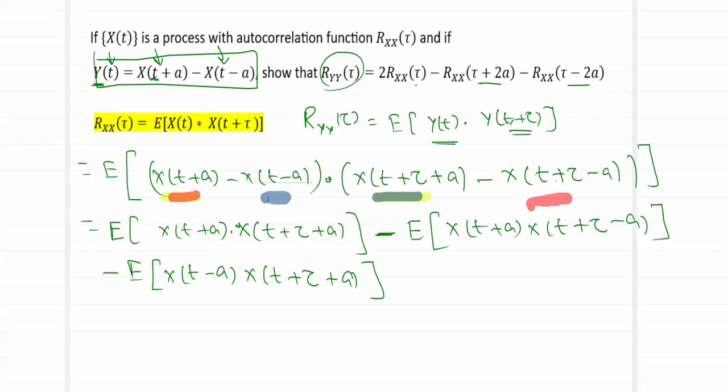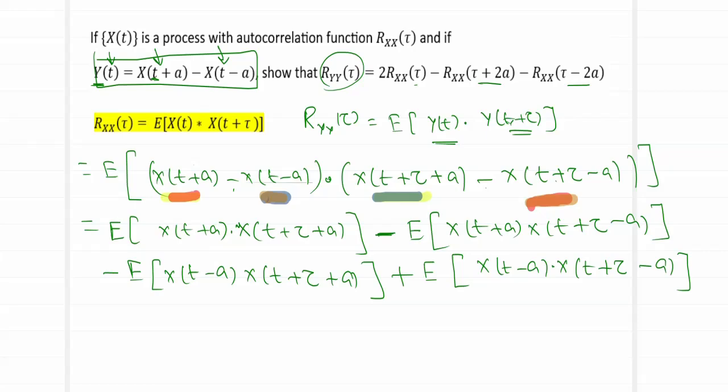And the last term is the second term with the second term: minus into minus makes it plus. Expected value of x of t minus a into x of t plus tau minus a. So we are done with the expressions of all the 4 quantities.